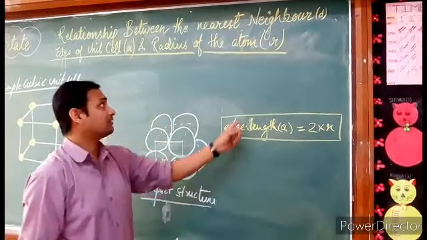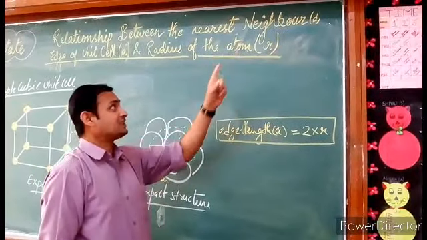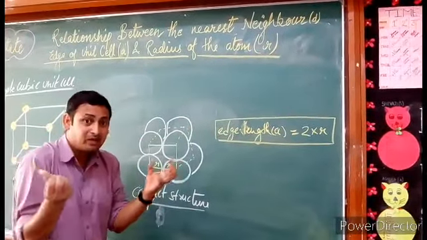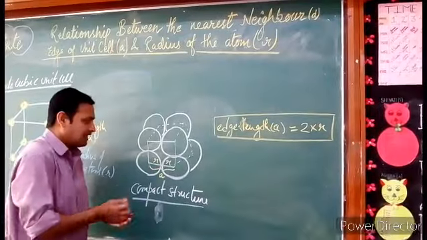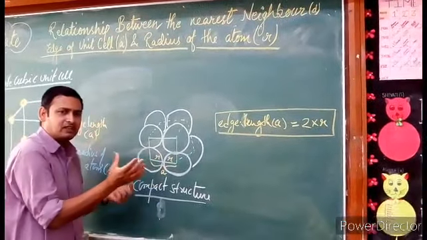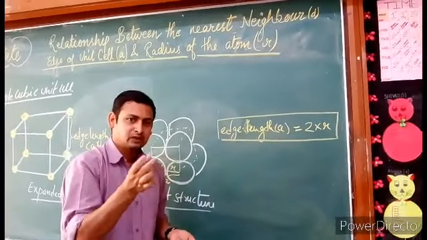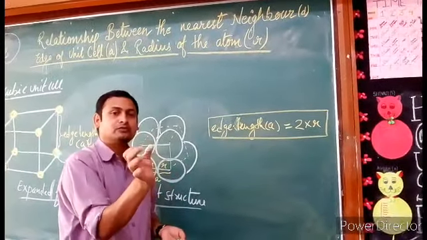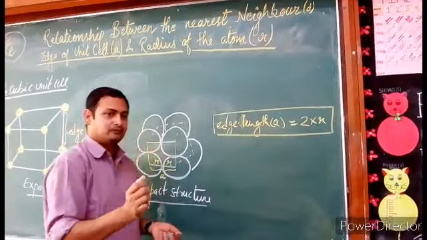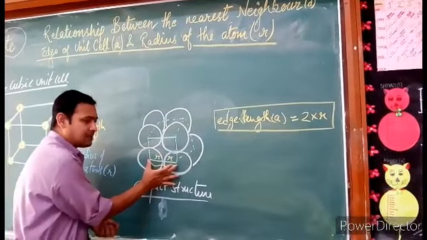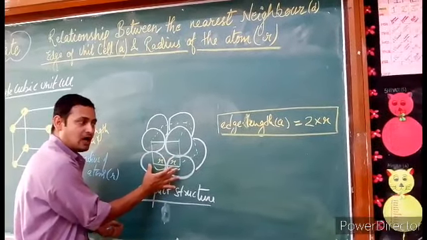Now comes the next topic: nearest neighbor distance. So यहाँ पर अगर हम गौर से देखेंगे, नियरेस्ट मतलब जब दो एटम आपस में चिपके हो तो उनके बीच की दूरी. The distance between two attached atoms again comes to be how much? 2r.